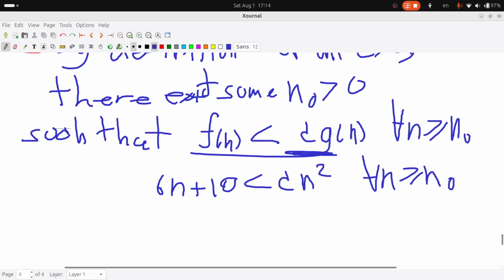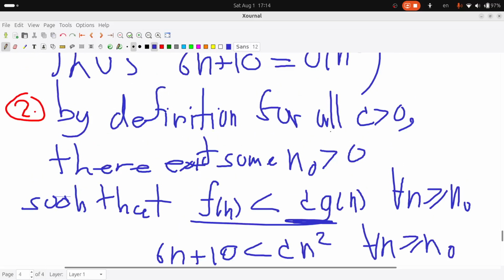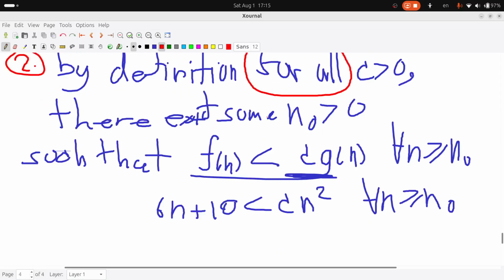The definition is different from theta notation, right? The different keyword is for all c. The theta notation is for some, we just need to find some. But for little o notation, it's for all. That means for all constants c greater than 0, there will be some starting point so that this inequality will be true.